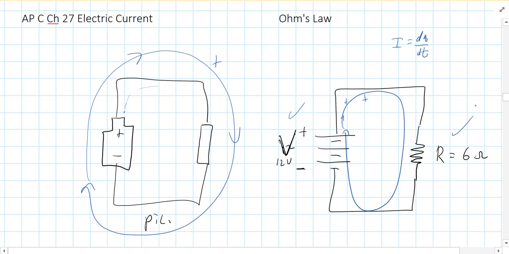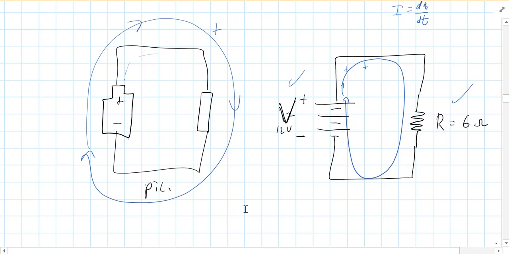Well, before we give you the equation for this, let's talk about an analogy. You can think of voltage as like electrical height. So think of voltage as height.